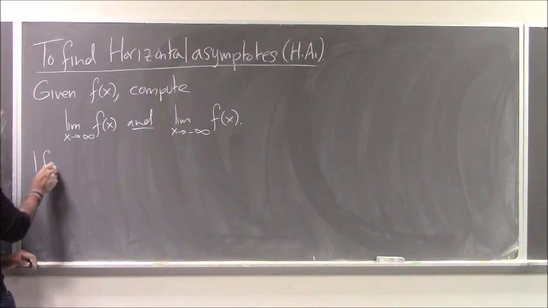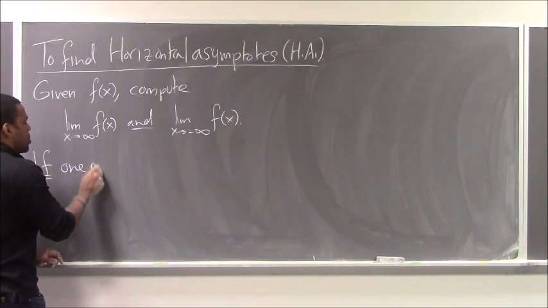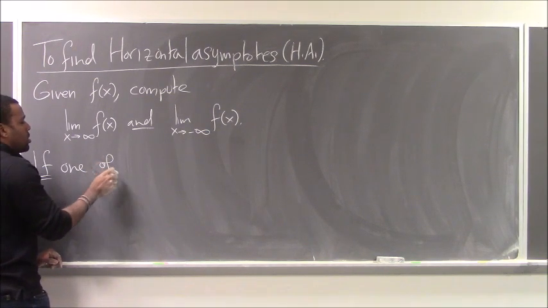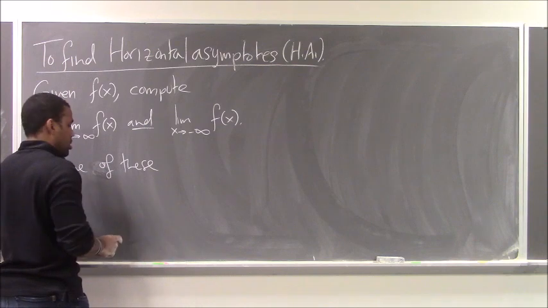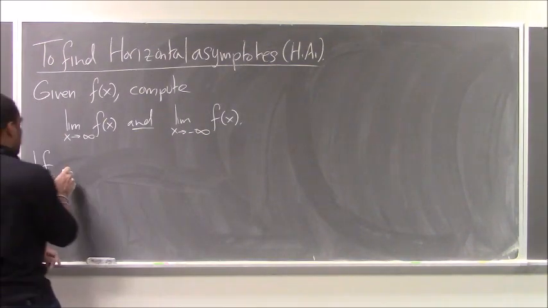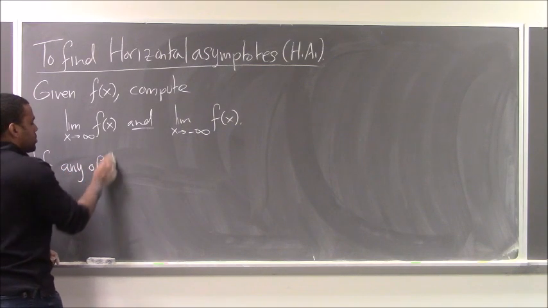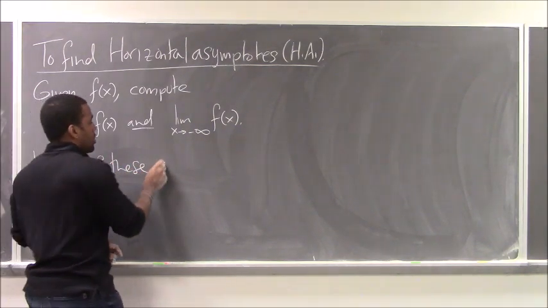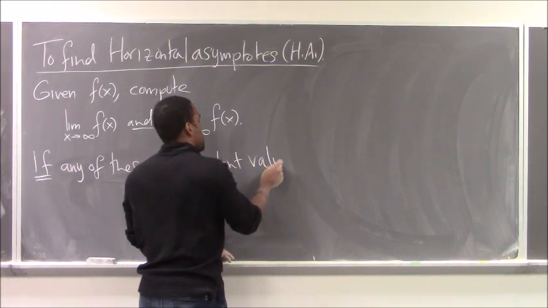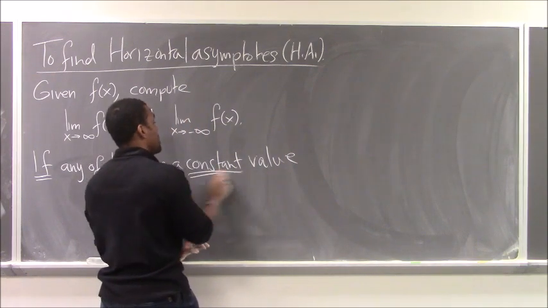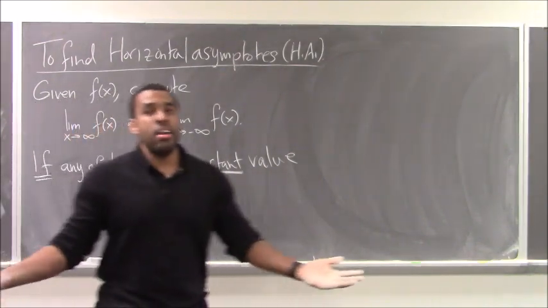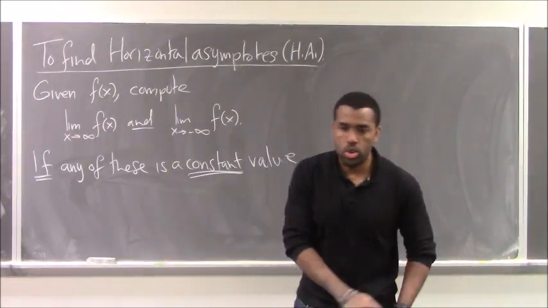Now, if any of these give you a constant value. So you take the limit as x approaches infinity and you get 5 as the answer, or you get 1, or you get minus 17.